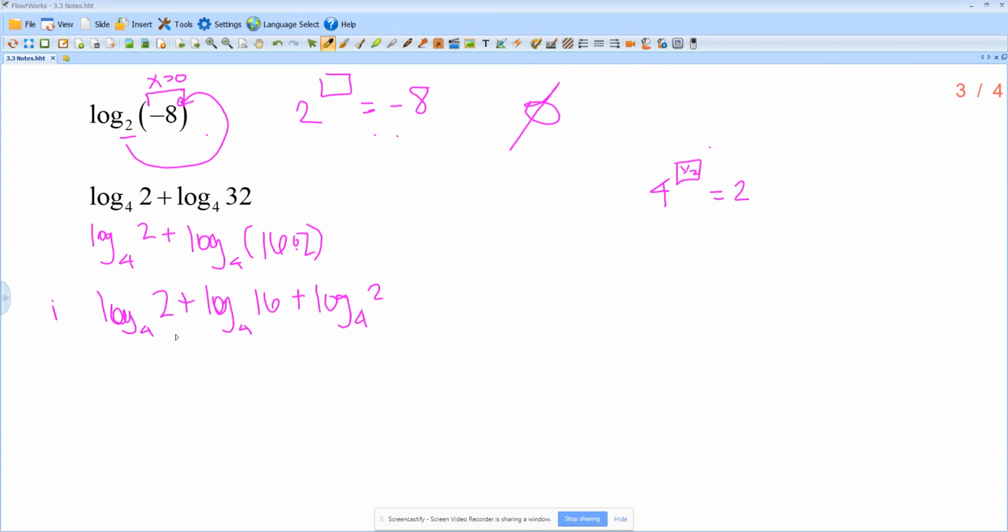So when I say log base 4 of 2, the answer to that is just 1/2, because 4 to the 1/2 power gives me 2, plus 4 to what power gives me 16, the second, plus 4 to what power gives me 2, 1/2. So this is just 3. And again, I tried to avoid using that circular motion just to show you how those properties can pan out.